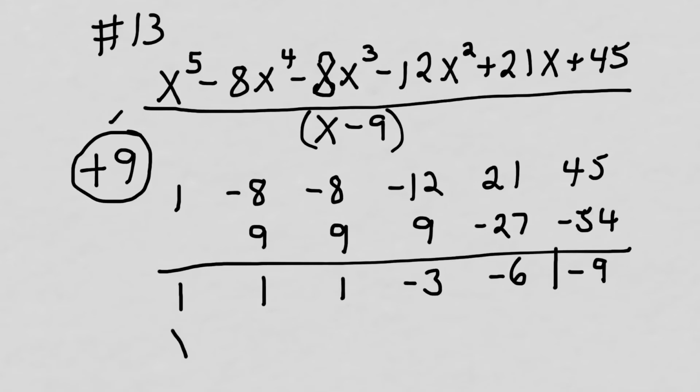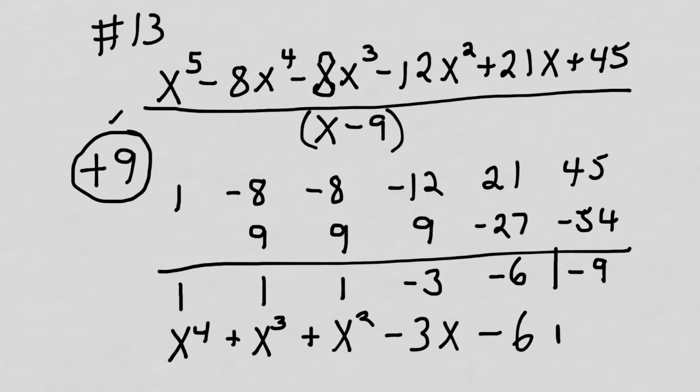This is going to be x to the 4th plus x cubed plus x squared minus 3x minus 6 with a remainder of negative 9.